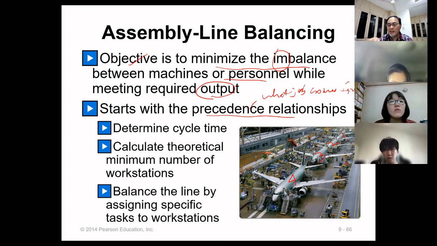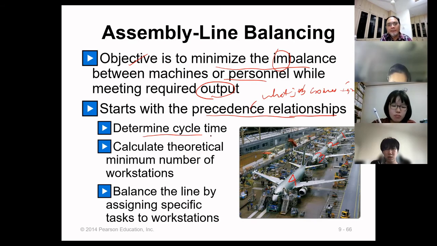You see in a car, there is carpet on the floor, correct? So it's a precedence. You must fix the carpet before you fix the seat. That is the precedence relationship. What comes first must be done first, basically.